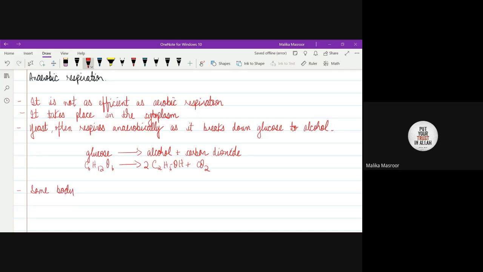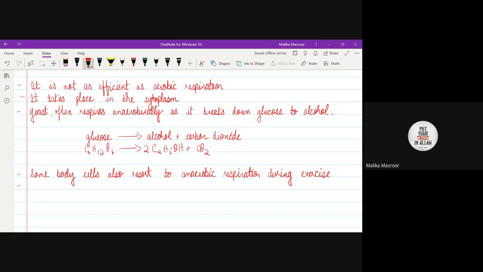Some body cells also resort to anaerobic respiration during exercise. During this time, lungs and heart cannot supply enough oxygen to the muscles as quickly as they are using it.